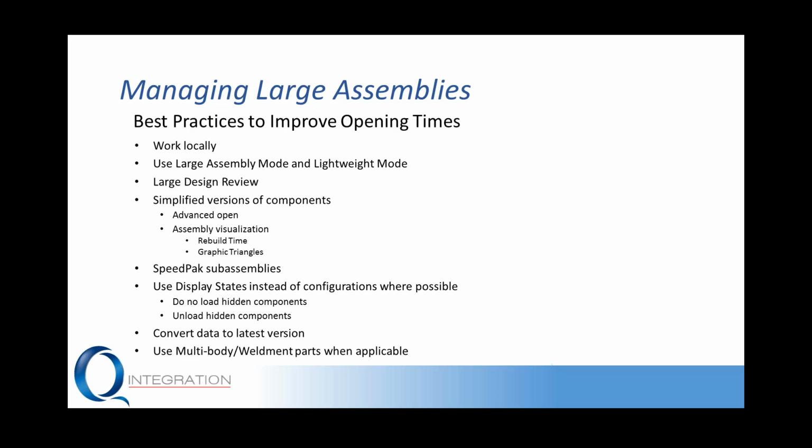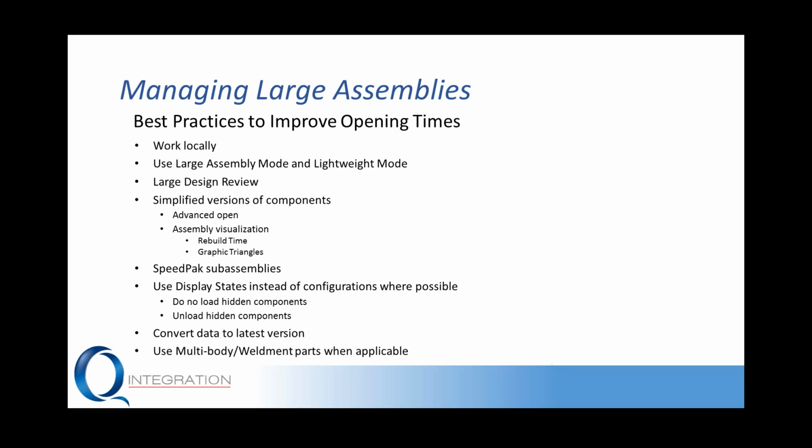We should also be taking advantage of display states instead of configurations where it's applicable. If we are just hiding or showing certain components in an assembly, there's no need to use configurations to suppress or unsuppress these.